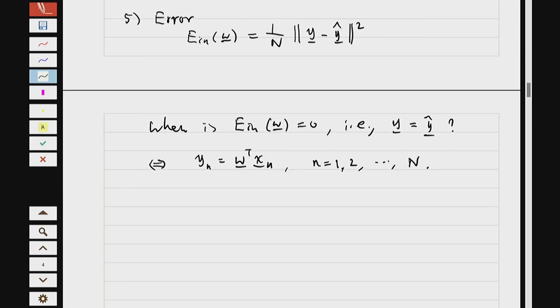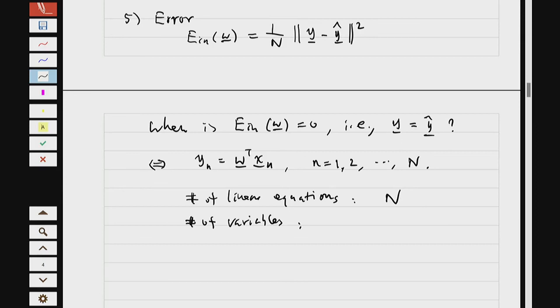We have n linear equations. The number of linear equations is n. How about the number of unknowns or variables? Think again. What are the unknowns?